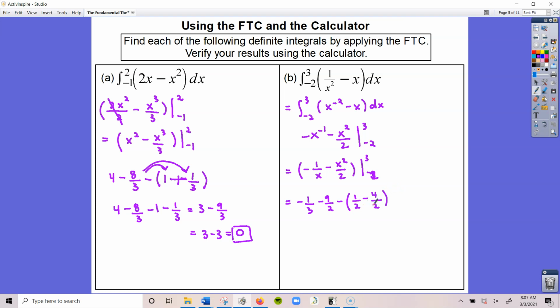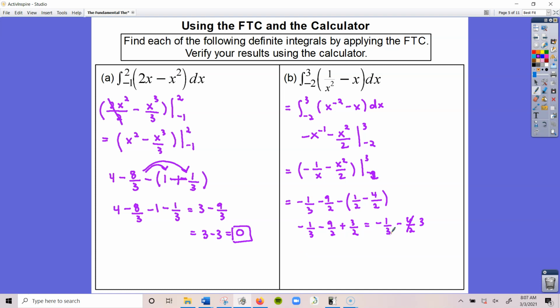Okay, so now we work this out. We have this -1 over 3 minus 9 over 2 minus, and then this is -3 over 2, making this plus 3 over 2. We can combine at least these two fractions, so we get -1 over 3 minus 6 over 2, and 6 over 2 is just 3.